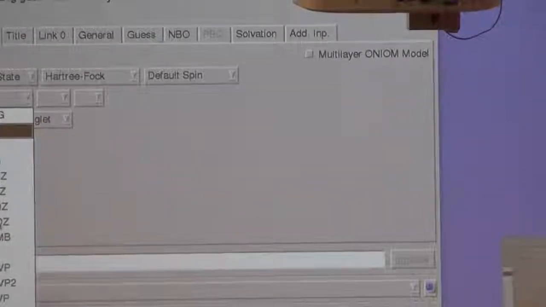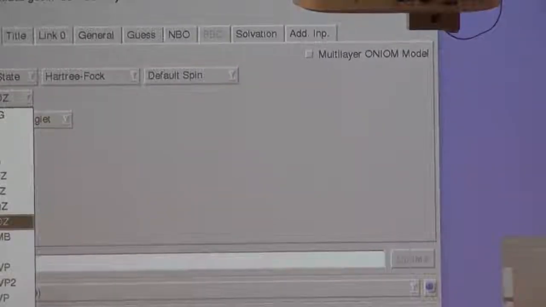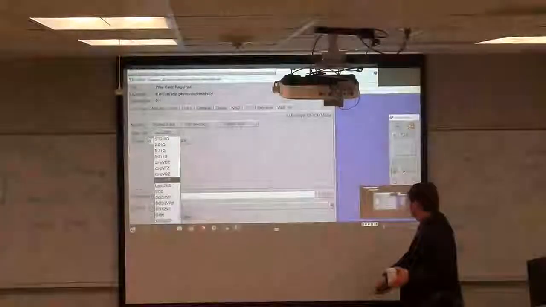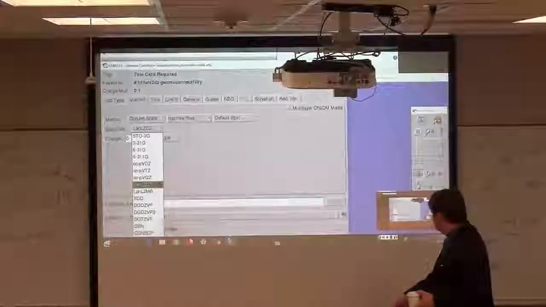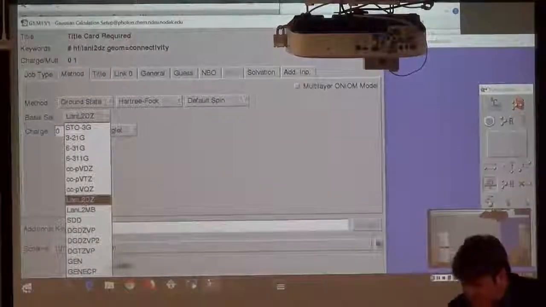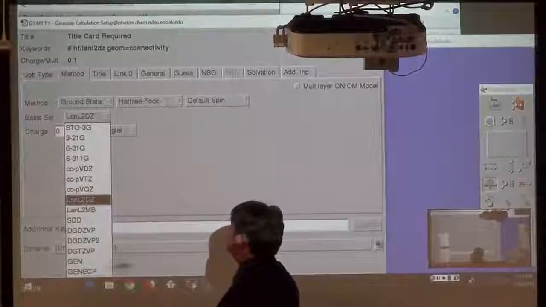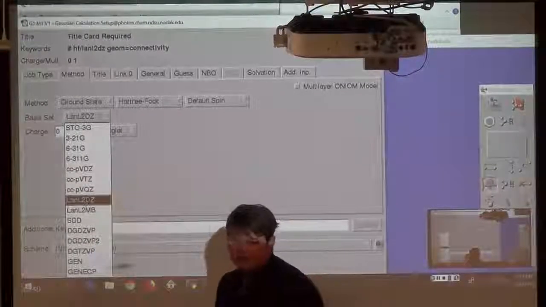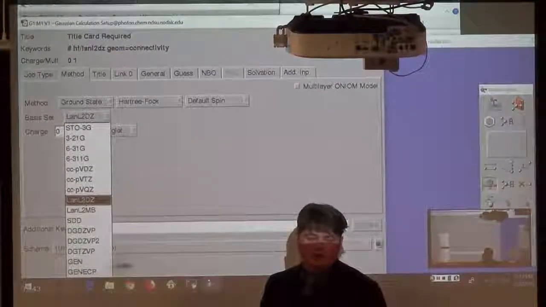So later on, we will be talking more on the parameters for setting up the calculation, and at a very basic level, you need what?